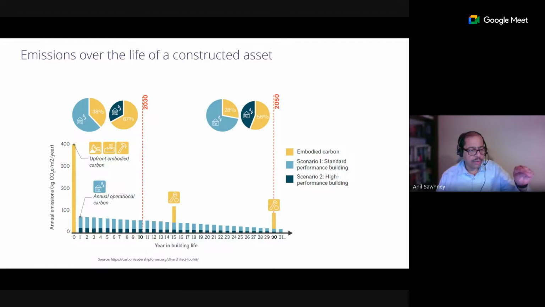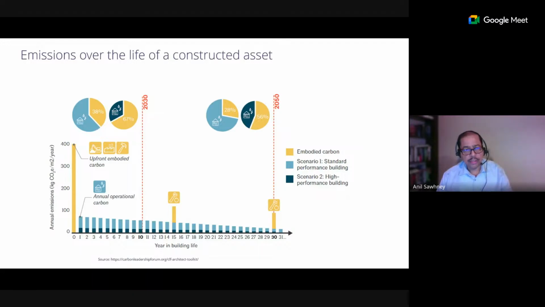Then you have your operational carbon, which you can see light blue and dark blue bars for 30 years. In between year 15, you see another yellow bar. That's where maybe the roof was replaced.